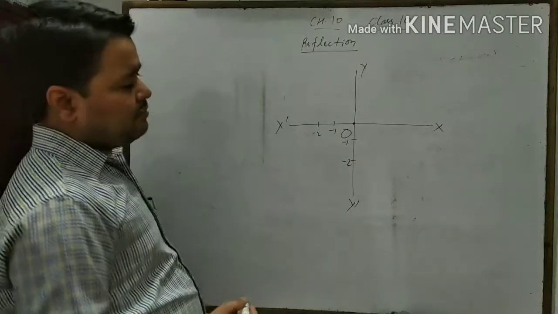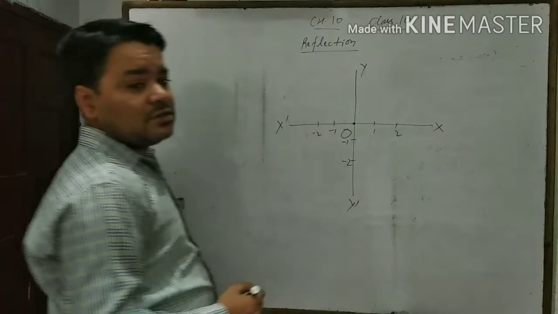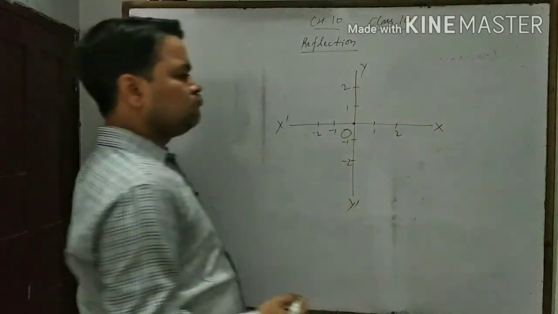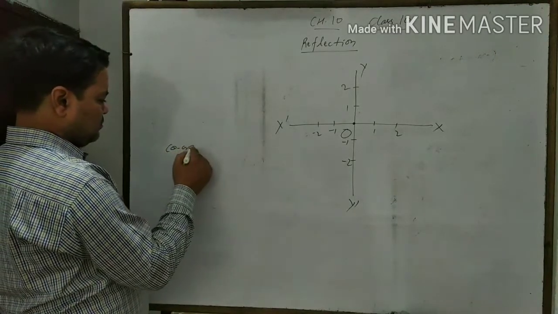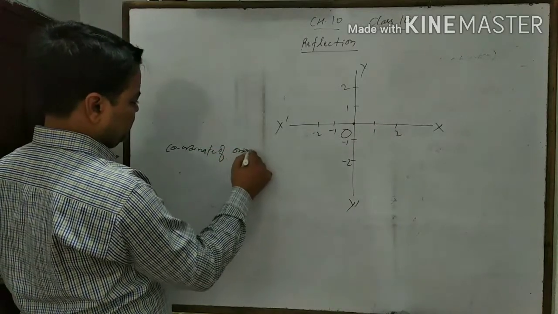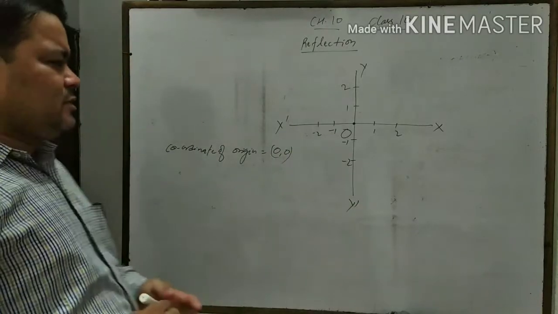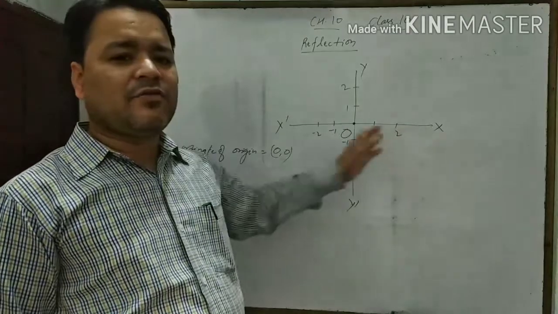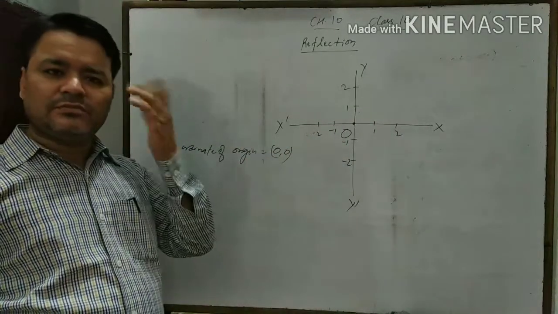OX means the positive direction of the x-axis. OY means the positive direction of the y-axis. What is the coordinate of the origin? Very important: 0, 0. Remember it. Because the distance covered in the x direction or y direction is 0. Therefore, its coordinate is 0, 0.